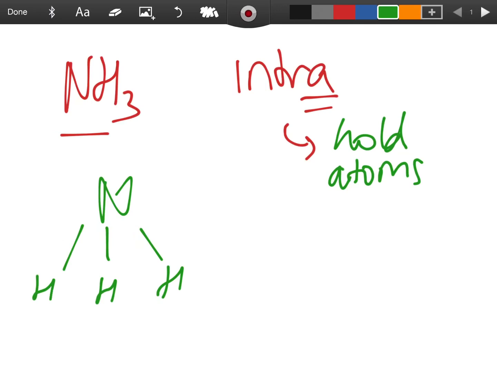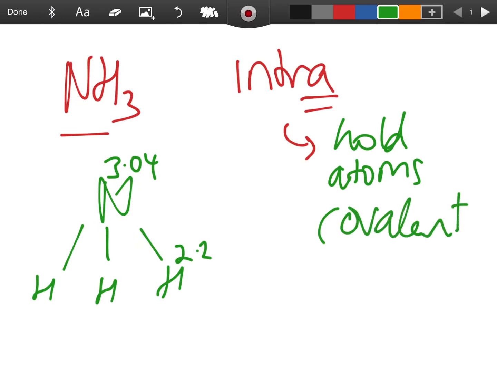And because, again, if you look up the difference in electronegativity there, you'll see that hydrogen is 2.2 and nitrogen is 3.04. Okay, so the difference there means that it's polar covalent bonding. So covalent bonding, polar covalent bonding.